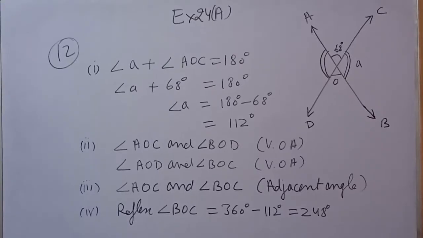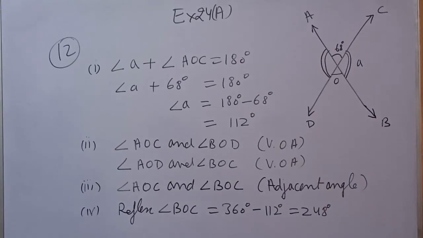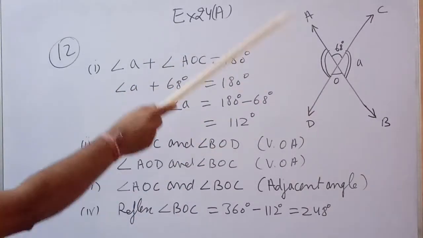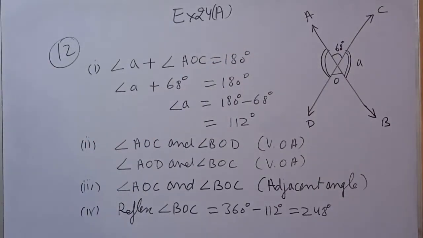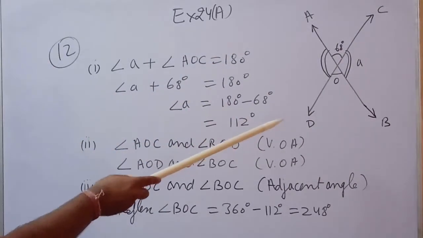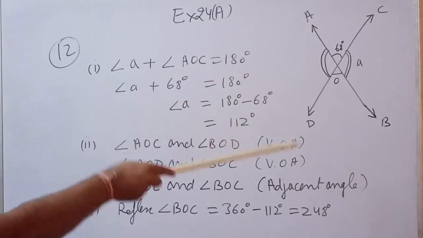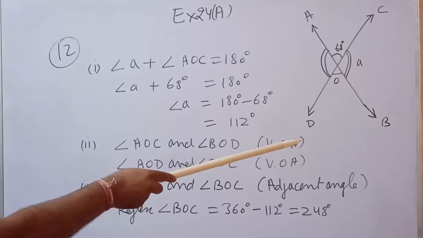I am taking exercise 24A, question number 12. Here we have two lines intersecting each other, AB and BC. So we have to find the value of A. Here we have AB equal to 180 degrees.